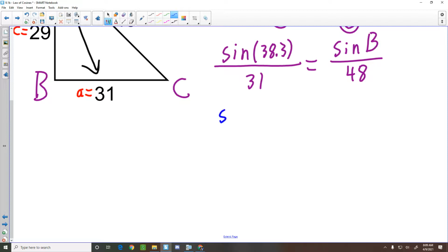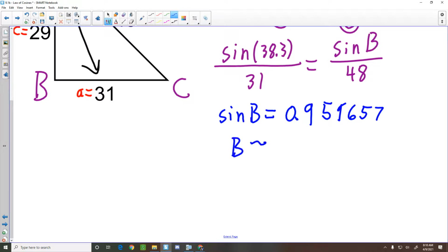And I get the sine of B equals 0.95965 and so on. Last step to get B is to take the sine inverse. So B is approximately, second sine inverse, second answer. Anybody get 73.7?